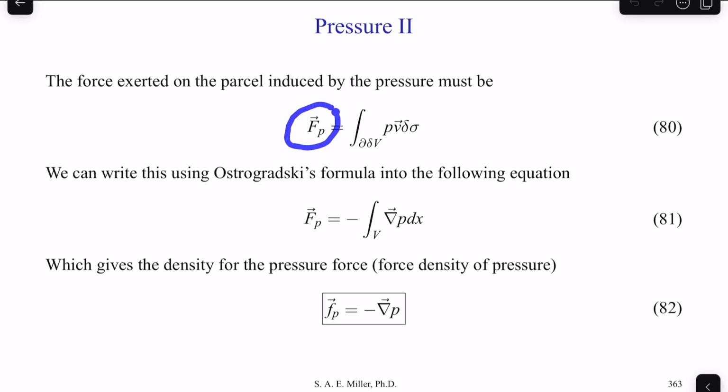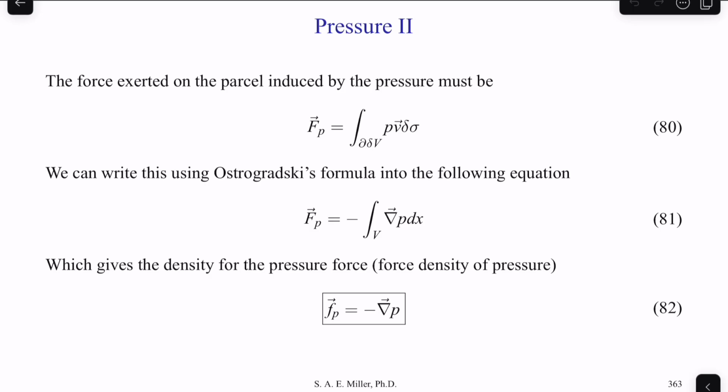And remember, we're writing these as capital letters after they're integrated. F with subscript P for pressure will be the integral over a volume of P times the vector V of delta sigma. We'll take this particular definition of the force from the pressure over the surface with the volume, and using Ostrogradsky's formula, write it into the following equation.